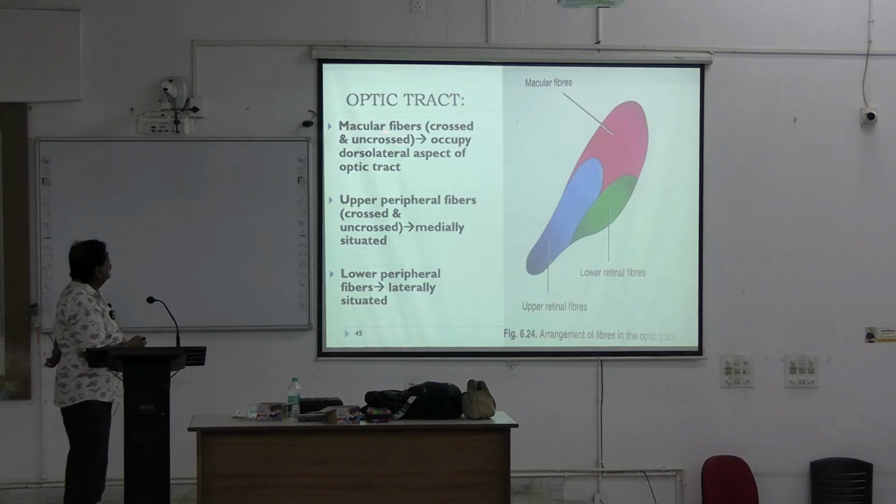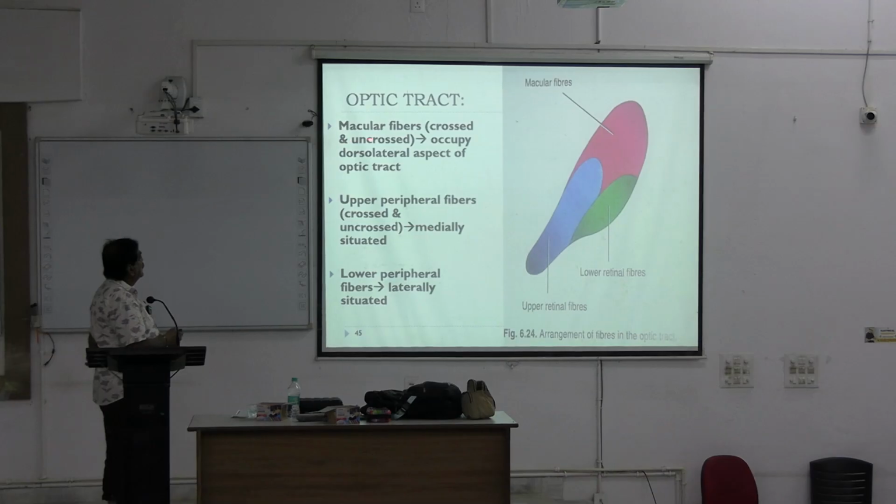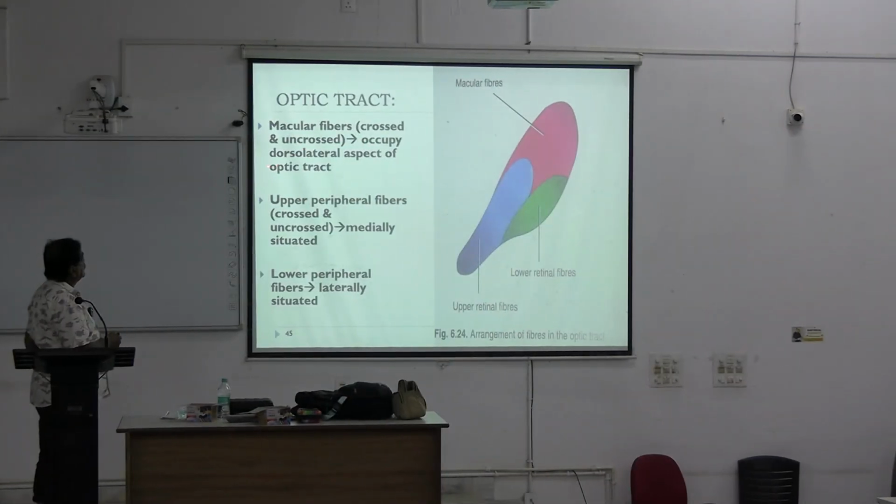In the optic tract, macular fibers, crossed and uncrossed, occupy the dorsolateral aspect.